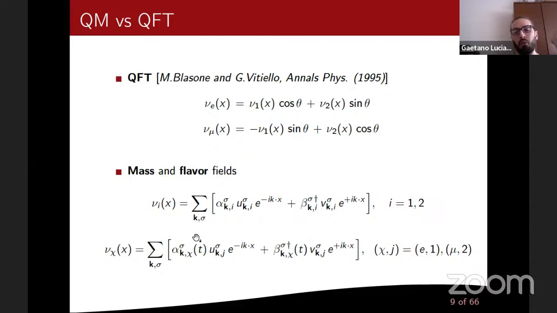But now the question is, what happens for the flavor fields? If we introduce this quantization in this equation, we can see that the flavor fields acquire this specific form, where all the information about the mixing is now contained in this new ladder operator, which I'm calling alpha chi and beta chi, where chi can be e or mu.